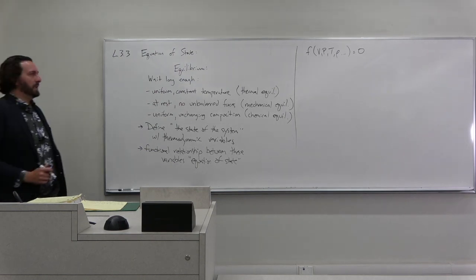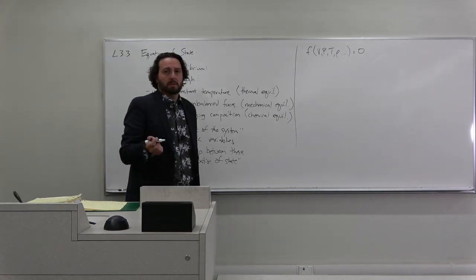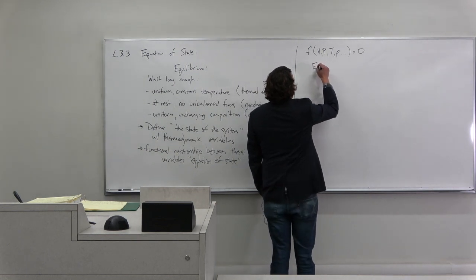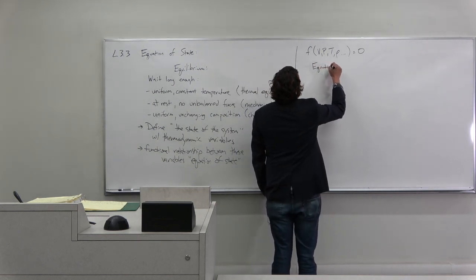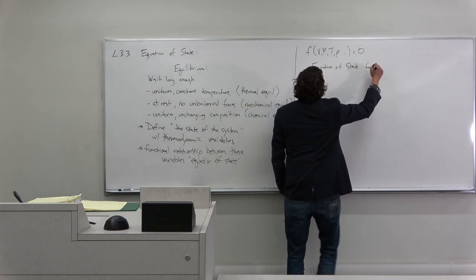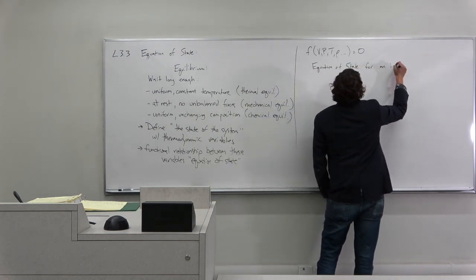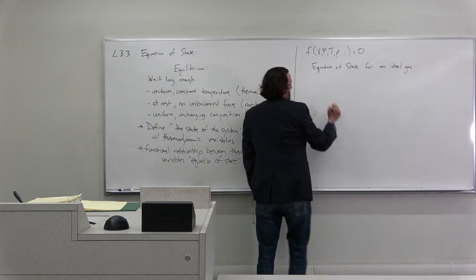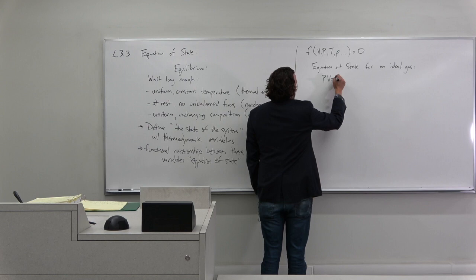So it's going to be easier to think of this in terms of an example, right? So the example, equation of state for an ideal gas. So that was PV equals nRT.